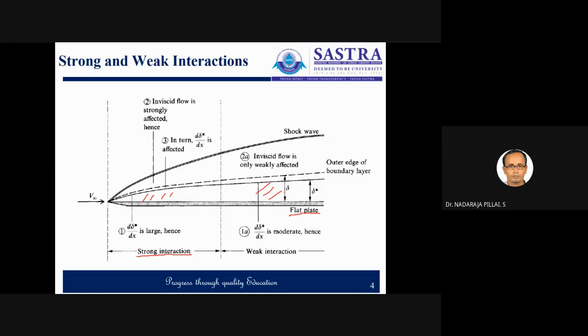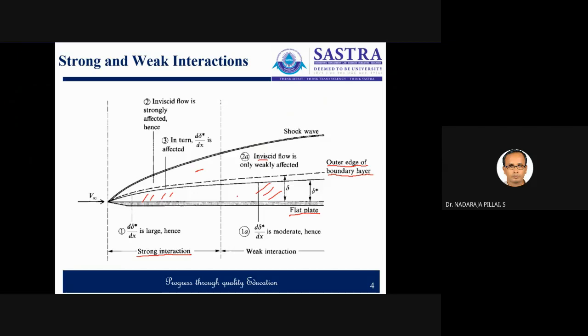Here delta is the boundary layer thickness, and delta star is the displacement thickness. Let us say here we have delta, and this is delta star, and this is the outer edge of the boundary layer. Here you have an inviscid region, and here it is a viscous region.